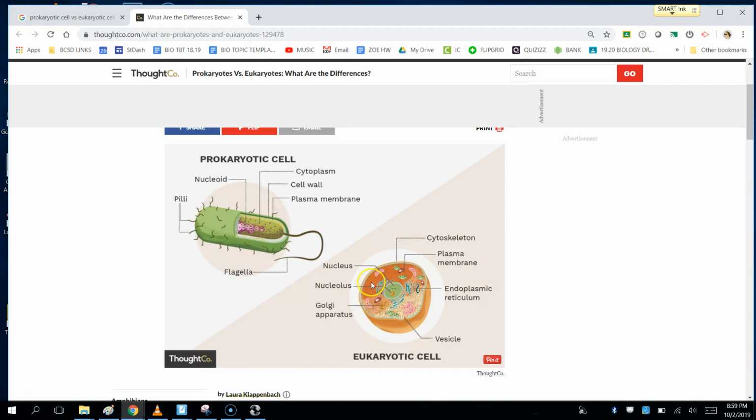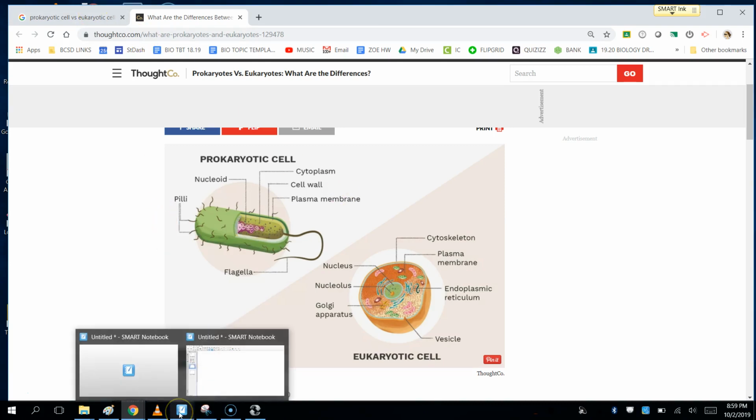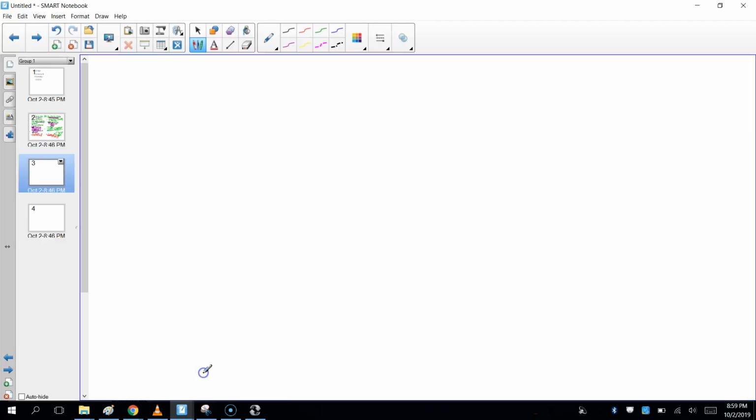These little red things or pink things here are mitochondria. And the biggest thing is the nucleus here. So it's very evident that this has a nucleus. So you want to be able to tell that difference between a prokaryotic cell and a eukaryotic cell simply by looking at it. Okay?